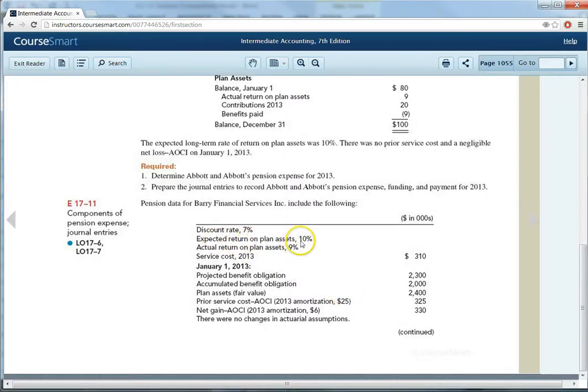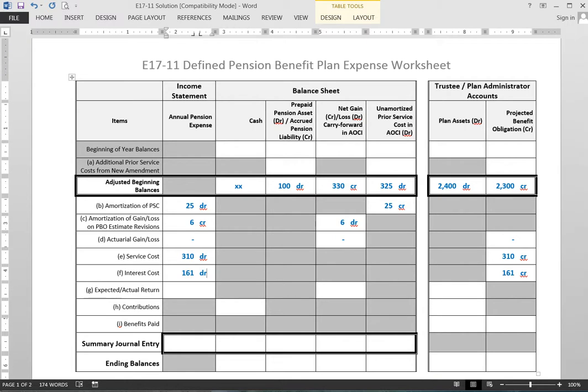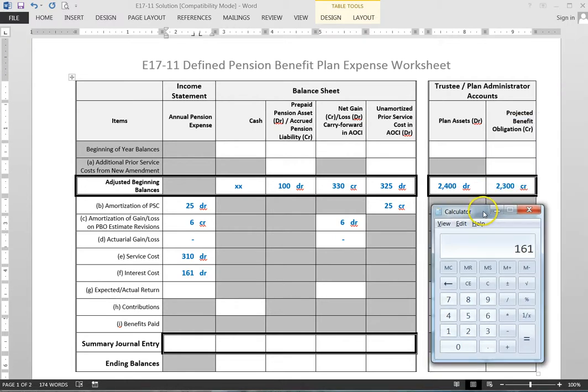Expected rate of return on plan assets was 10%. The actual rate of return was only 9%. So we can see the plan did not do quite as well as we had anticipated. So in any case, expected rate of return, 10%, is used to determine the credit entry to the pension expense. And that's pretty easy to do. 10% times the beginning balance of plan assets of $2.4 million.